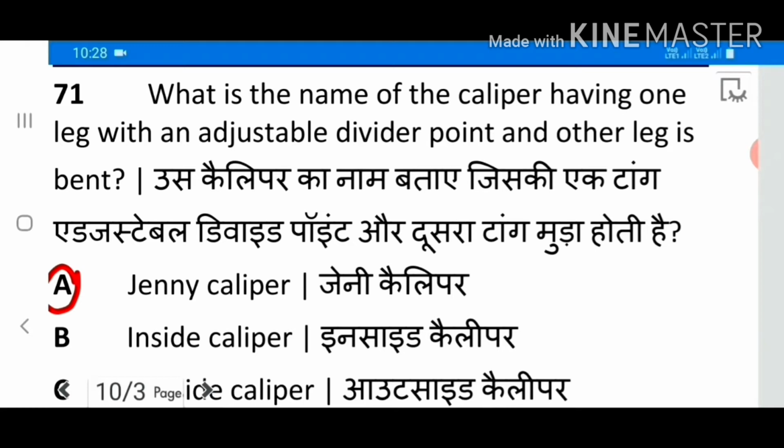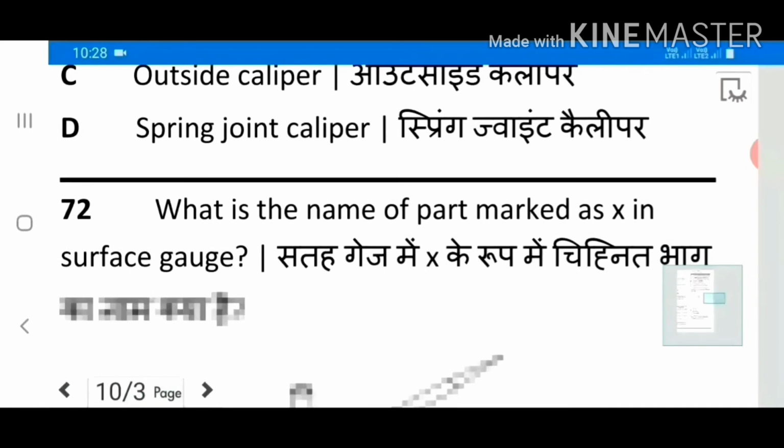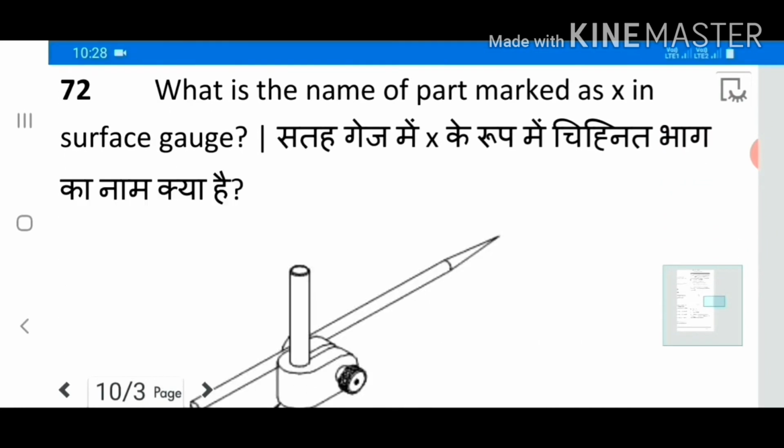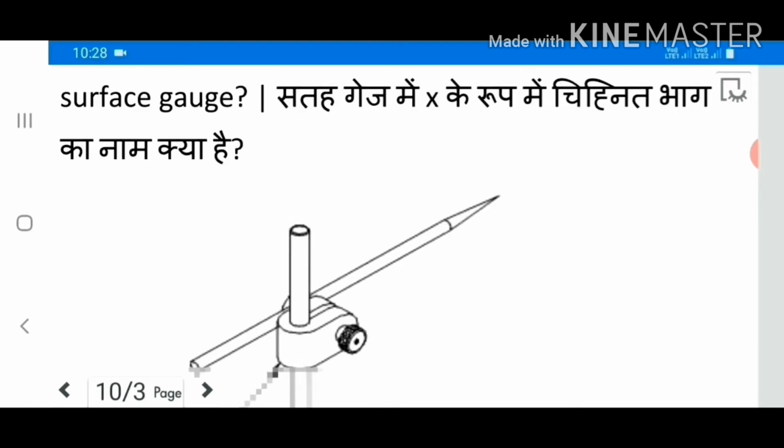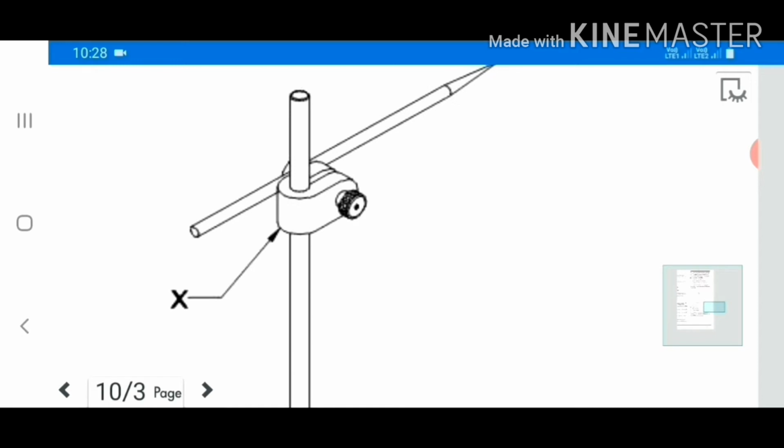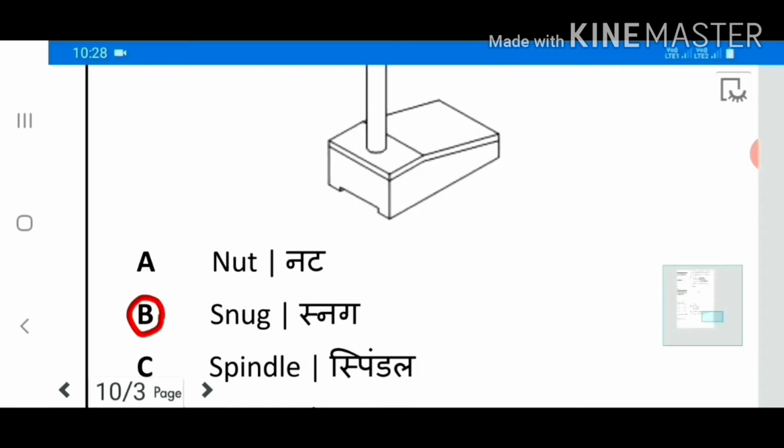Answer A. Jenny caliper. 72. What is the name of the part marked as X in surface gauge? Answer B. Snug.